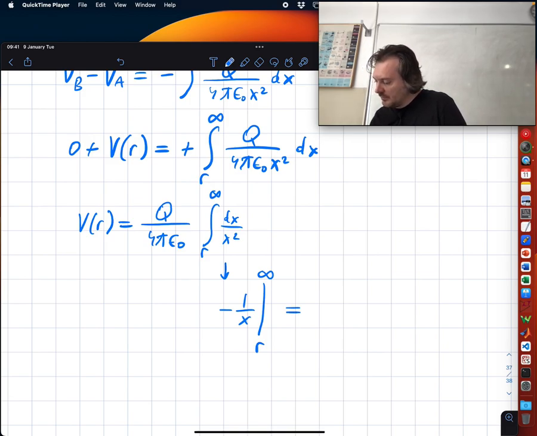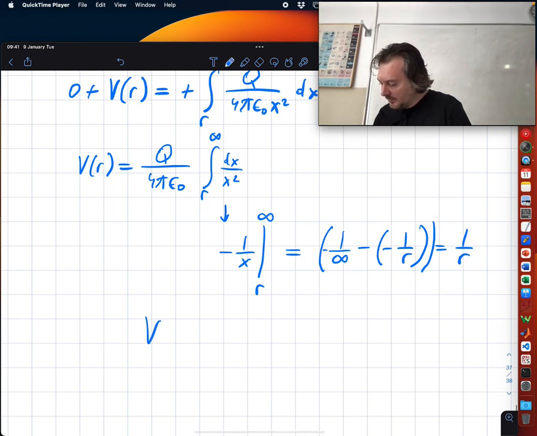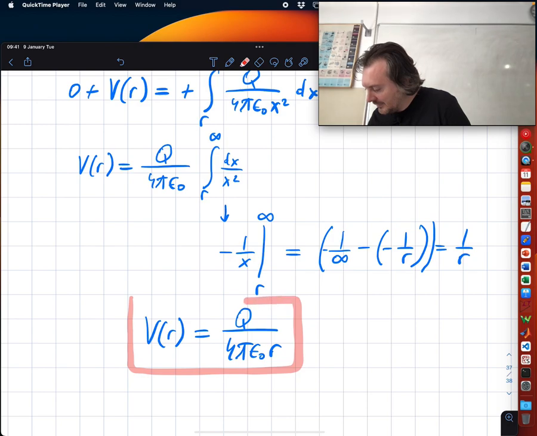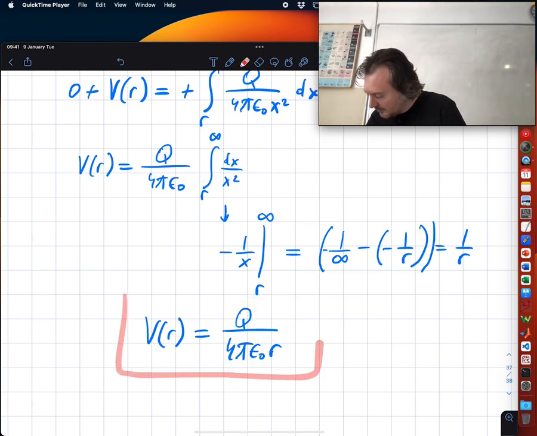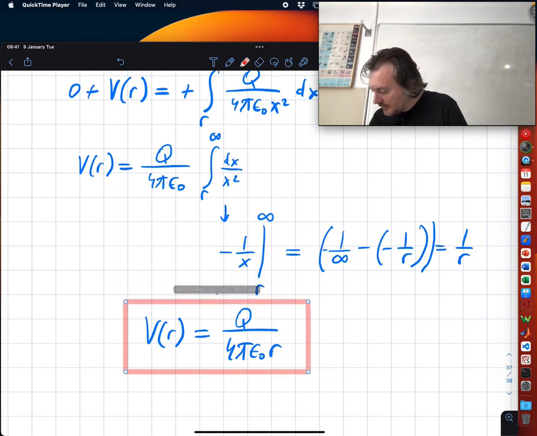Which is 1 over infinity minus 1 over r, which is 1 over r. So V(r), after all that trouble, we get the same result as the point charge. As it usually happens with spherically symmetric things, right? You get the same result as the point charge. Let me just make it nicer.